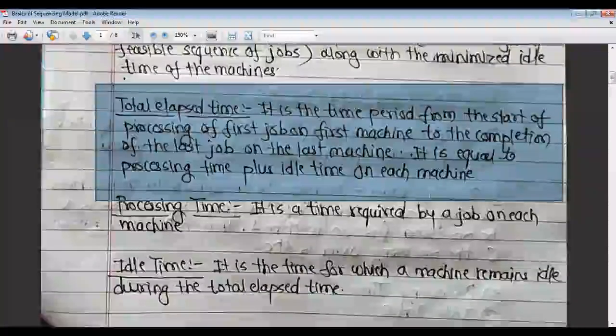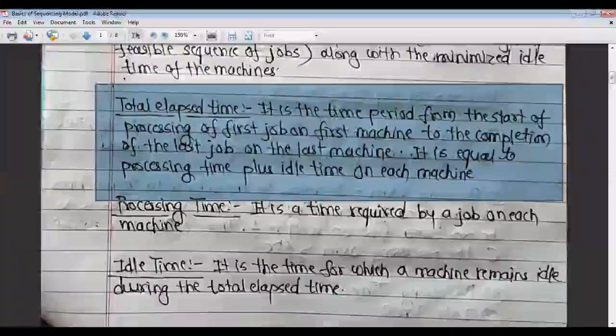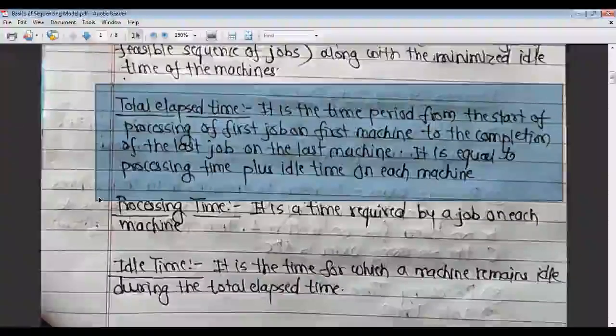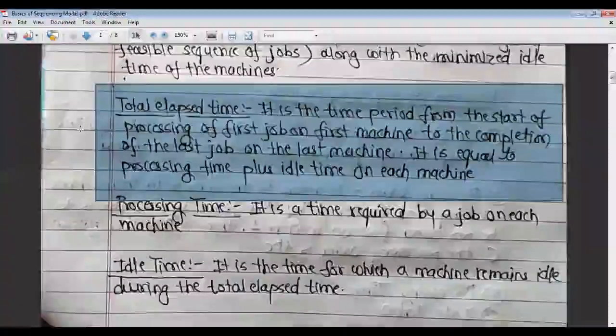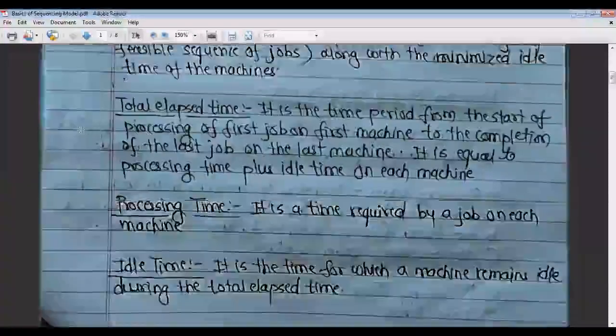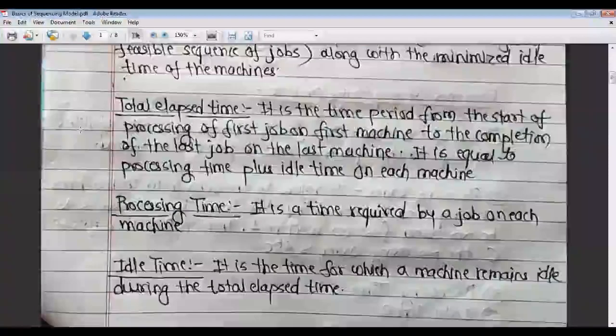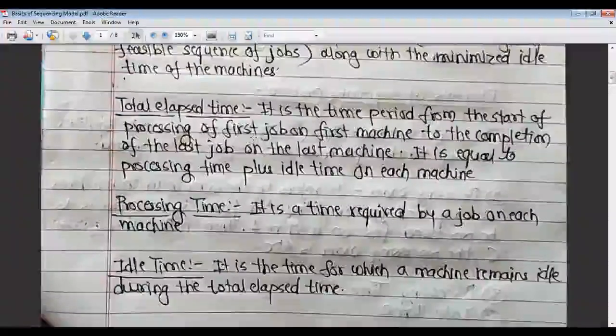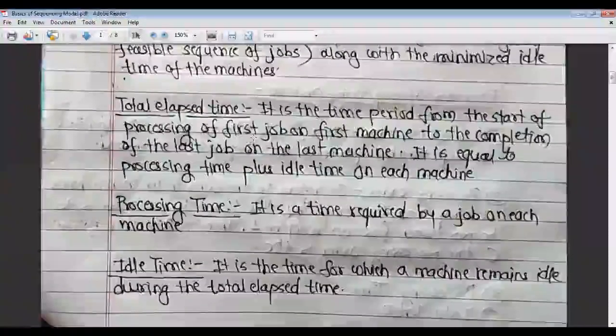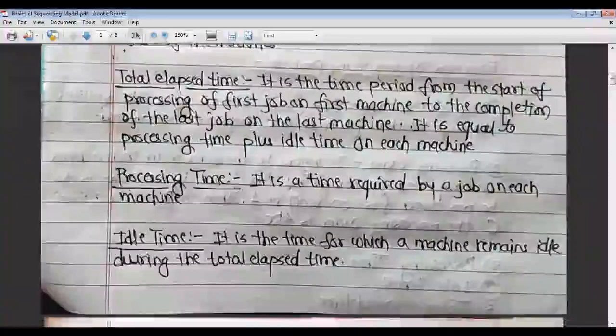This is a very important definition, because total elapsed time is the only thing that we need to minimize, so what we are actually going to minimize should be understood properly.